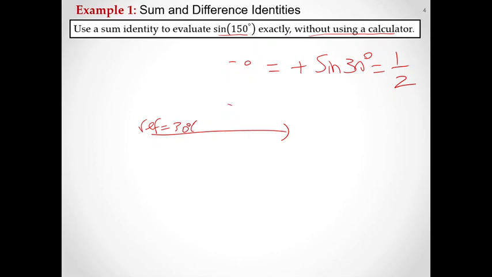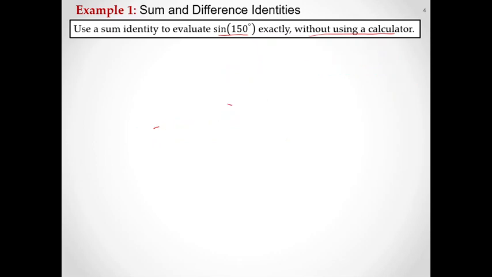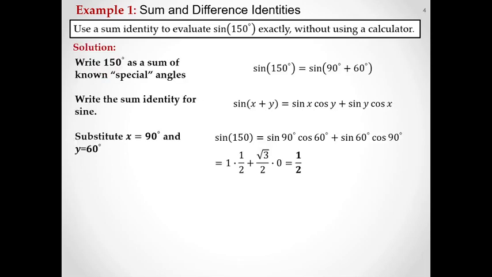We don't want to do it this way. We just want to use the sum identity. Sum means we want to write this one as some angle plus some angle. So the best choices will be 90 degrees and 60 degrees. And we can use the formula for this. Now I want to remind you the formula: sine x plus y.